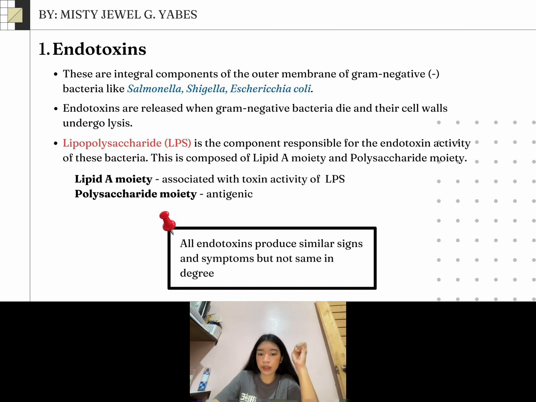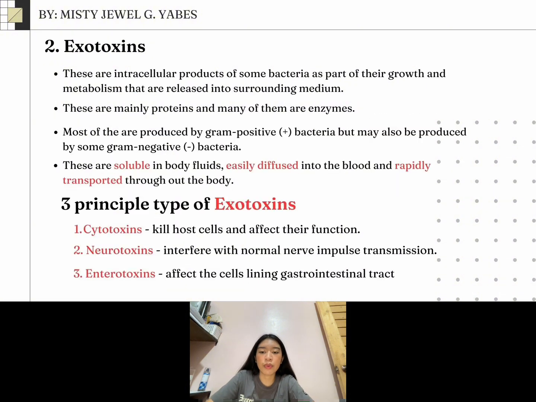So, yun siya. So, next, meron tayo ditong to note. Okay, all endotoxins produce similar signs and symptoms, pero different yung degrees. Okay, so yun lang yung nasa endotoxin. Next na tayo, we have our exotoxins. So ito, medyo marami yung nakapaloob dito or marami siyang subtopics. Medyo lang naman.